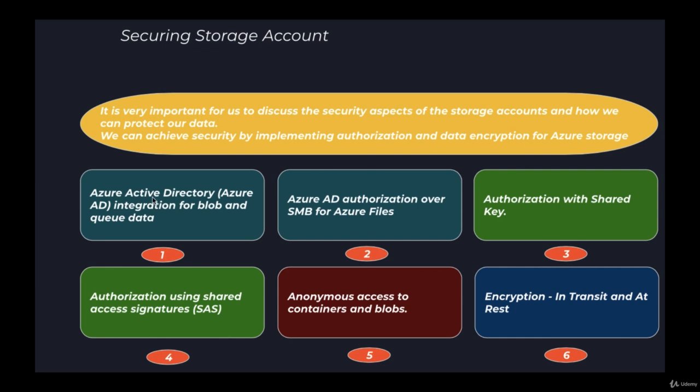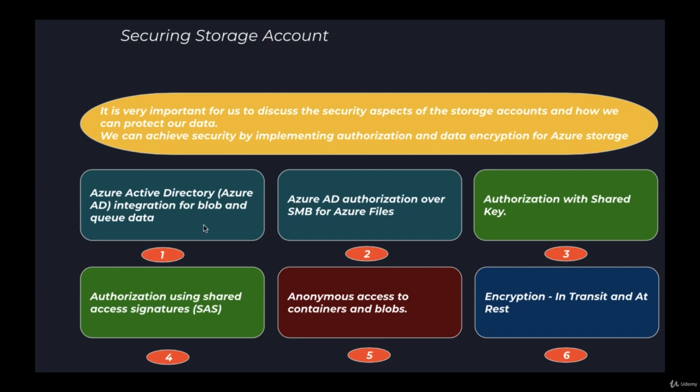And the second one is the Azure AD authorization over SMB for Azure files. Again, like I discussed, this is authorization with the help of Azure AD, or Active Directory. We can use the Azure AD identity for accessing Azure files, because it uses identity-based authorization for SMB files through Azure AD only.